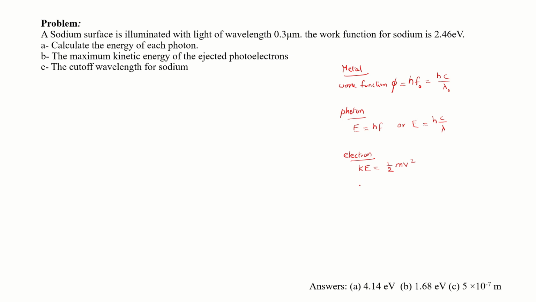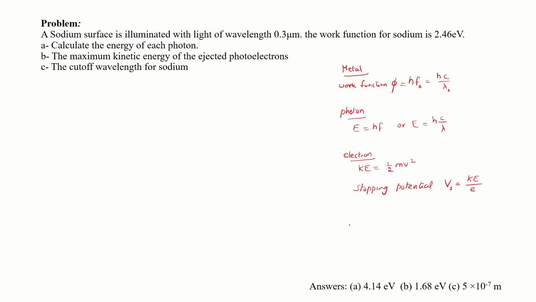We represent the stopping potential with the letter Vs or V0, it's up to you. So Vs equals the kinetic energy of the electron divided by the charge of an electron.